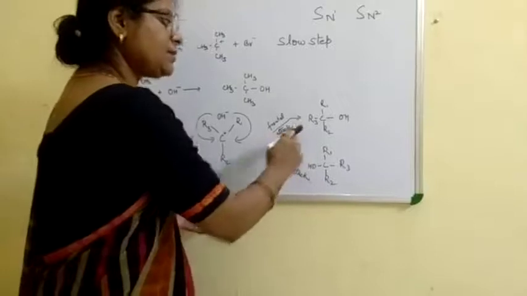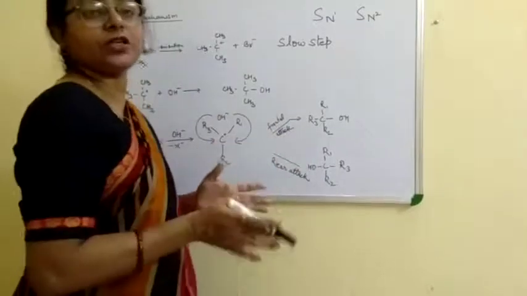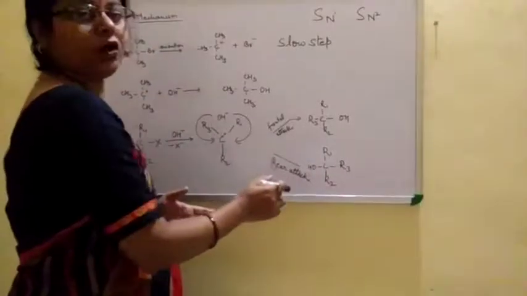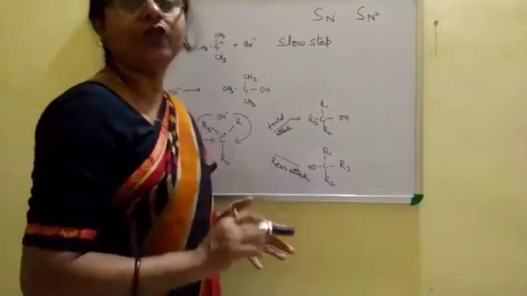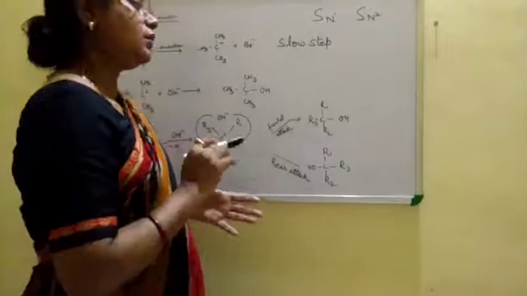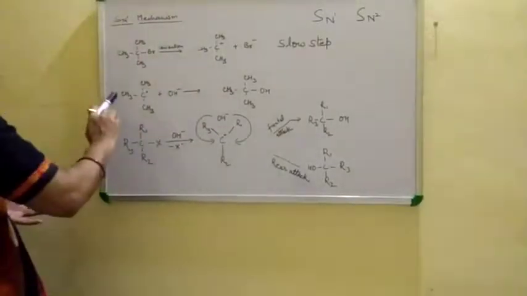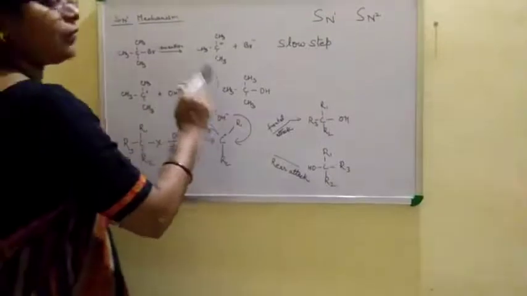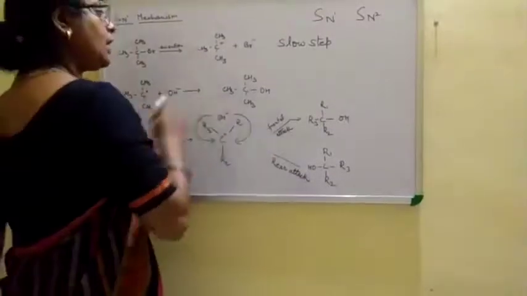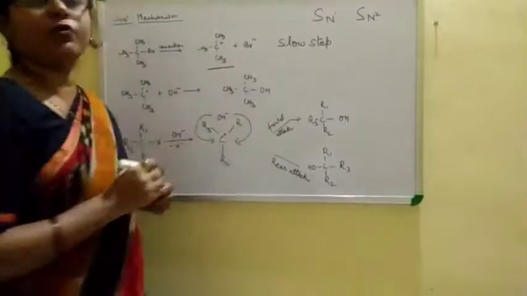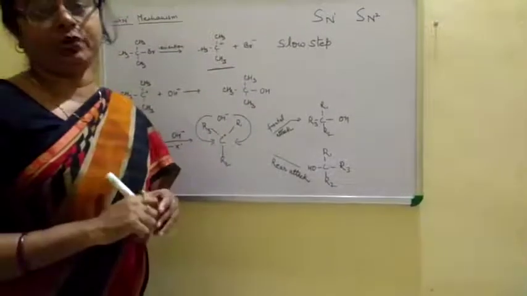So a racemic mixture is formed in which 2 enantiomers are formed in the ratio of 1:1. This is the mechanism of the SN1 reaction, which takes place by the formation of a carbocation. The formation of the carbocation is very important.